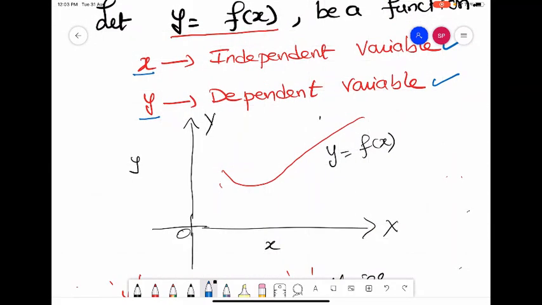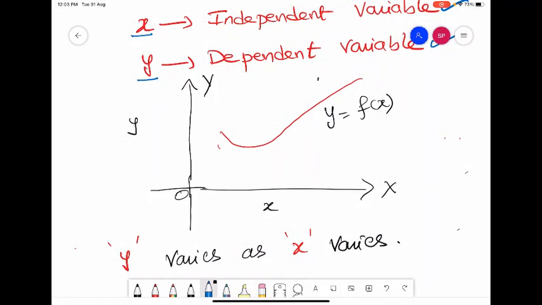So let us understand it graphically also. If you take a two-dimensional plane with x-axis and y-axis, the independent variable x is taken on the x-axis and the dependent variable y is taken on the y-axis. Suppose y is equal to f of x gives you a curve like this in the two-dimensional plane.